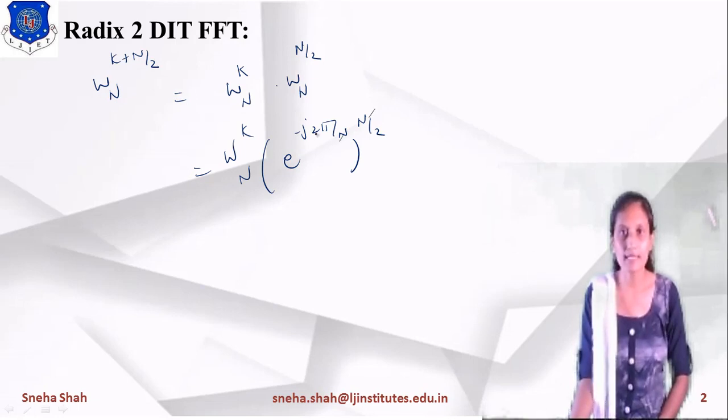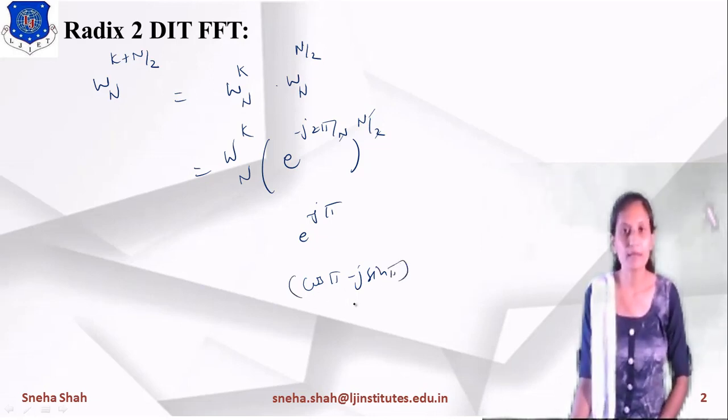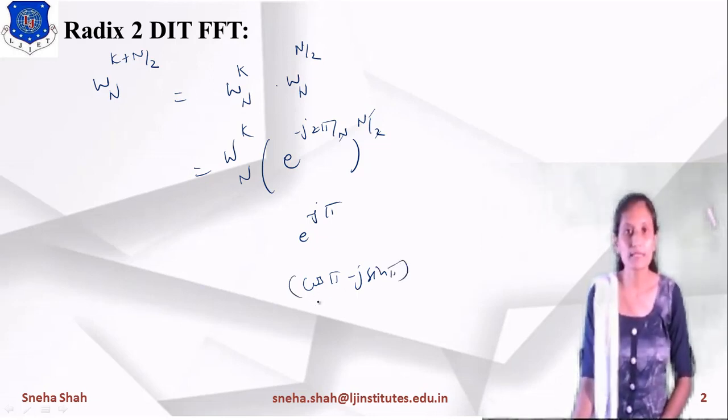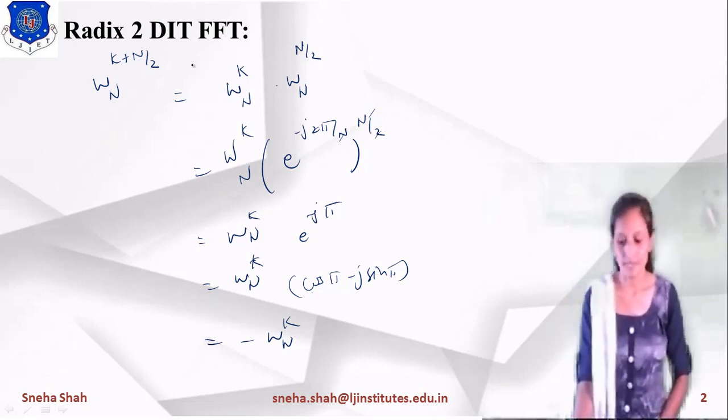Now this N will be cancelled out, and 2 will be cancelled out, so this term is e^(-jπ). If I represent this, the term will be cos π minus j sin π. So cos π means minus 1 and sin π means 0. So this will be represented as minus 1, minus 1 into W_N^k. So it gives minus W_N^k, right? So this one is the second property.